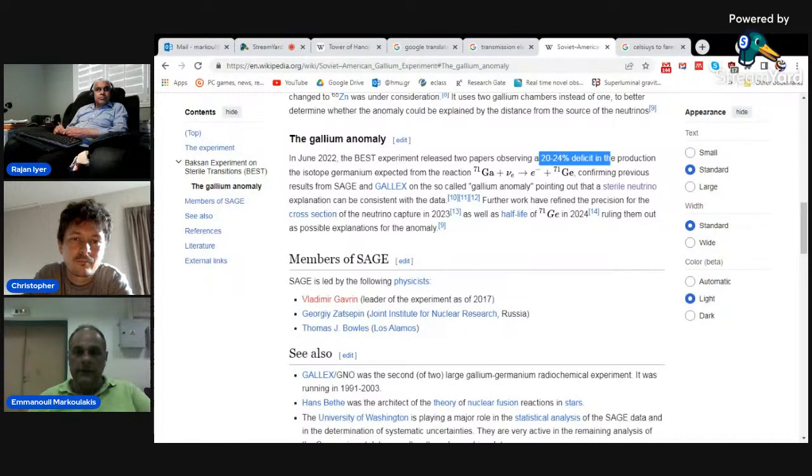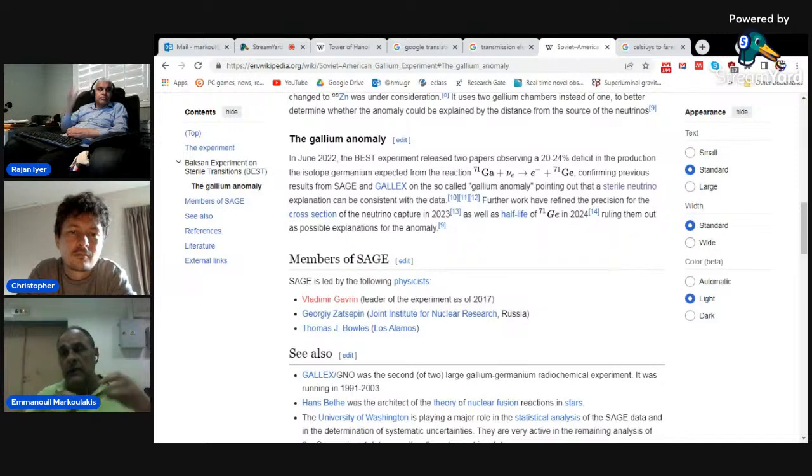Deficit, yeah, deficiency. So this here is the reaction. You get the gallium atoms, but it must have been a heavy isotope of gallium, otherwise you don't see this anomaly. So you have a heavy isotope of gallium atoms, and they react with electron neutrinos, that's this part here, and spit out an electron and germanium.